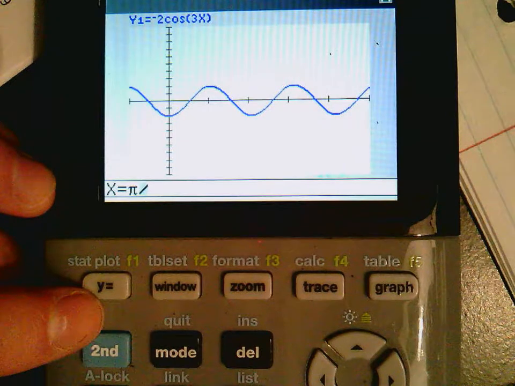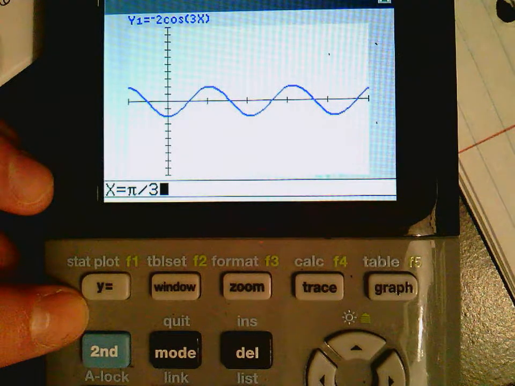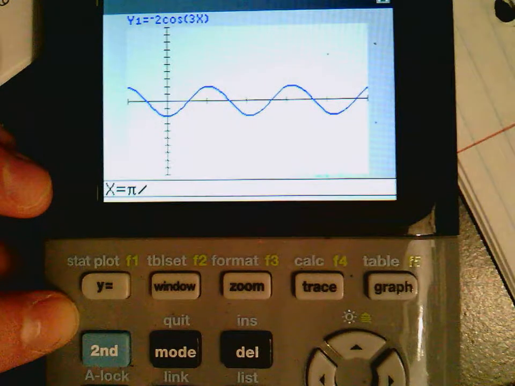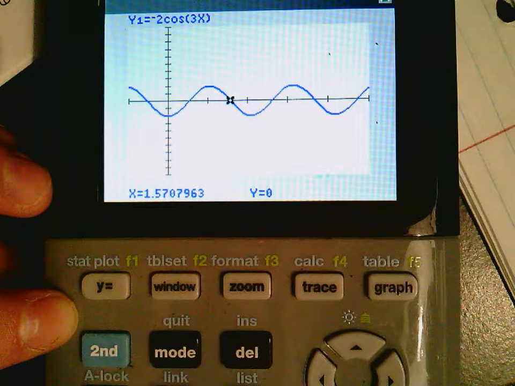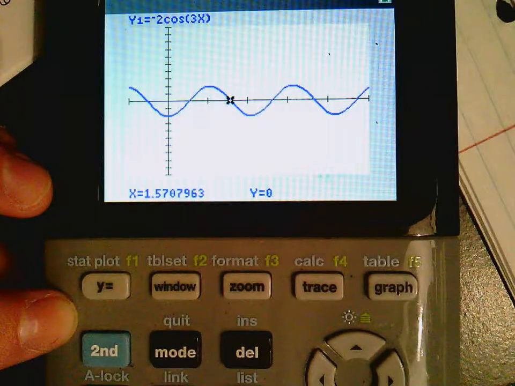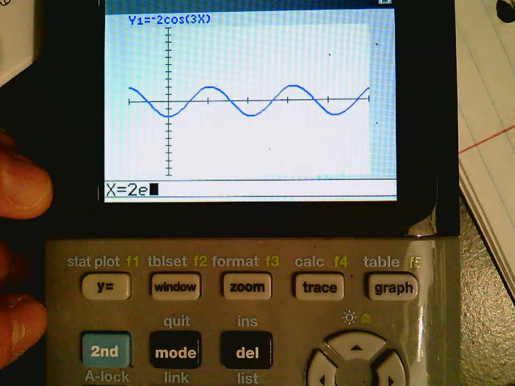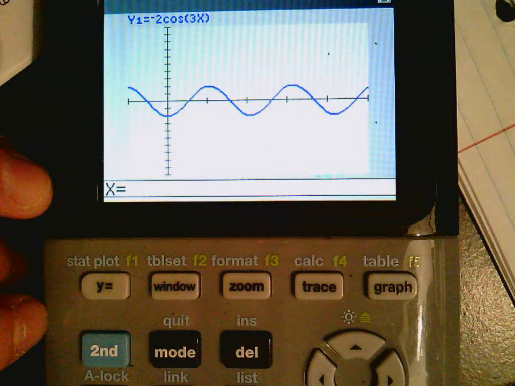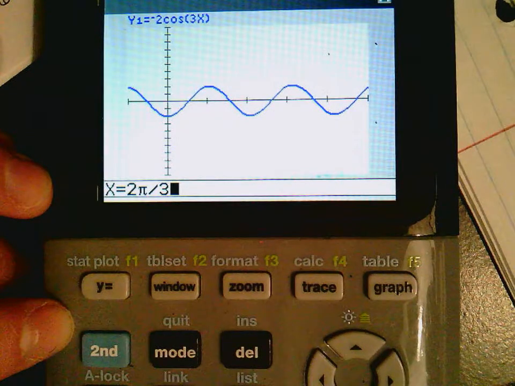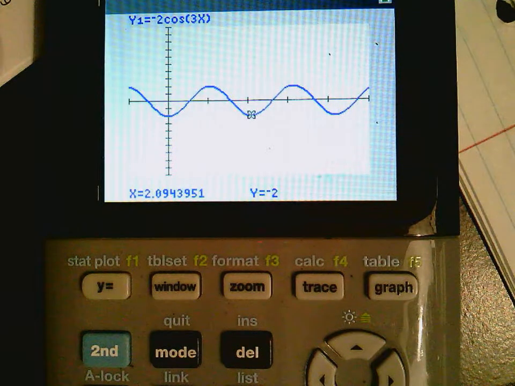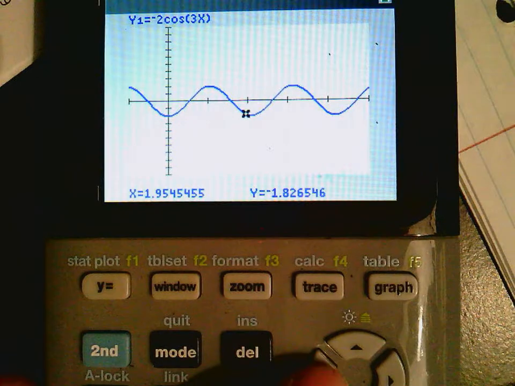Pi over 2 is going to be 0. 2 pi over 3 will be -2. Okay, so this way you don't have to deal with weird answers. You see all these decimals that you would have to deal with. That's why I do it the way we do.